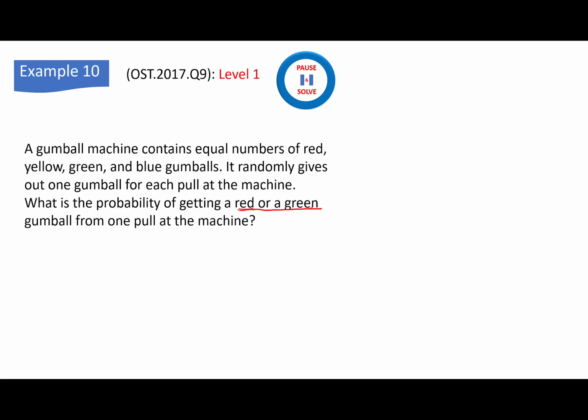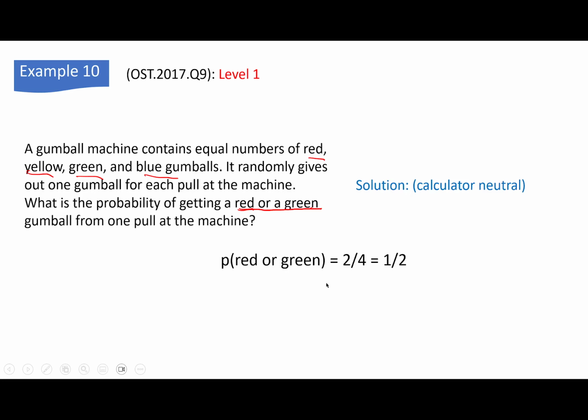They don't happen at the same time. So we have red, yellow, green, and blue. That's 4. To get red, that's 1 out of 4. To get green, that's 1 out of 4, and you add them. It's 2 out of 4, because you have red or green, 2 favorable options out of 4. That's 1/2.